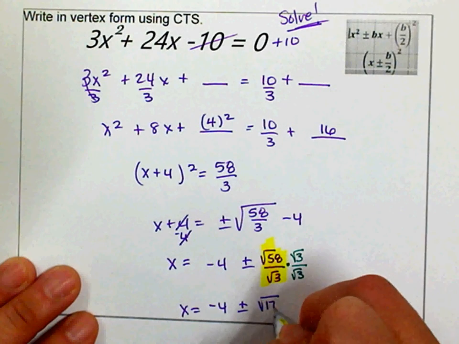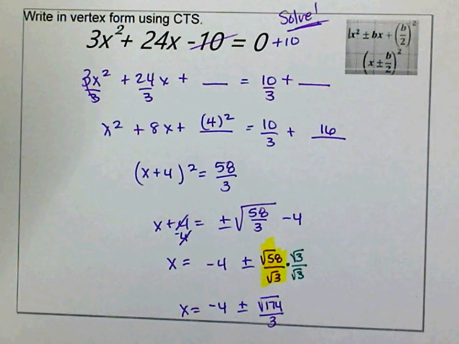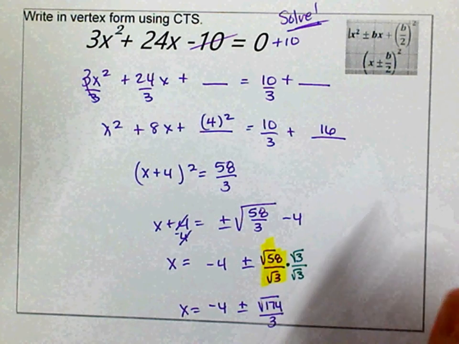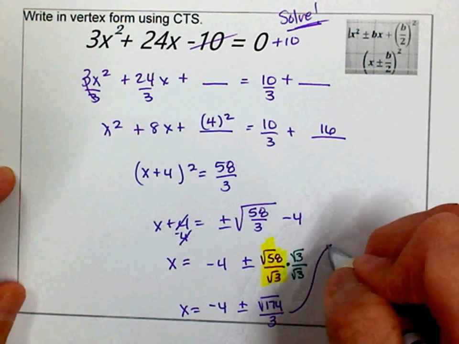Okay, let's see if 174 has any perfect squares. Like, can I write it a little differently? So watch what I do.